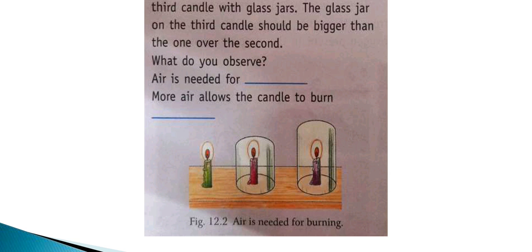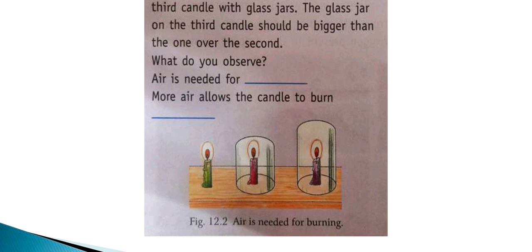Thus when the burning candle is covered with a glass jar, it will be lighted for only that much time, whatever amount of oxygen is present in the glass jar, and then the candle is cut off from air and hence it stops burning.